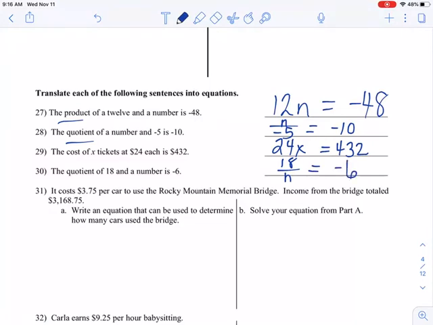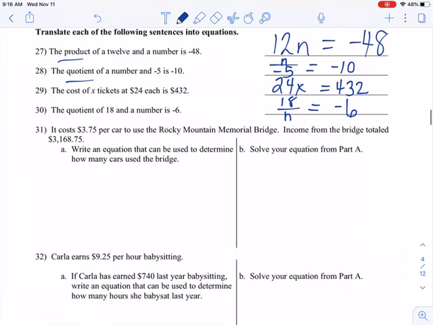All right, if you look at some of the word problems here, the cost is $3.75 per car. So I'm going to use c for cars to use the Rocky Mountain Memorial Bridge. Income from the bridge totaled $3,168.75. So how many cars use the bridge? So you would divide by $3.75 on both sides.